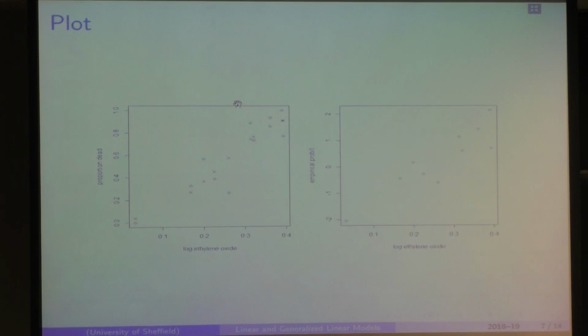Okay, so here are some plots. So the plot on the left shows the untransformed data with the circles. The crosses are the fitted values for a model that we will describe in a minute. The picture on the right is a link checking plot.